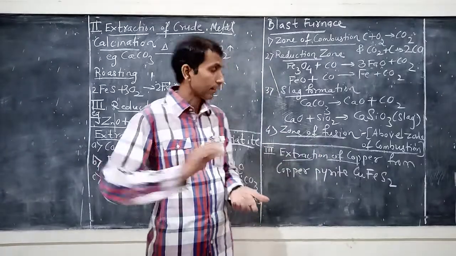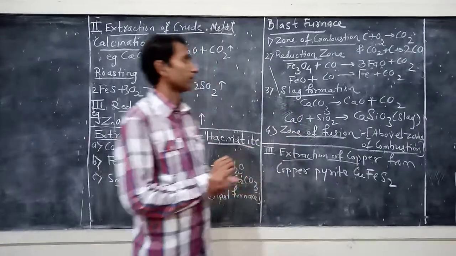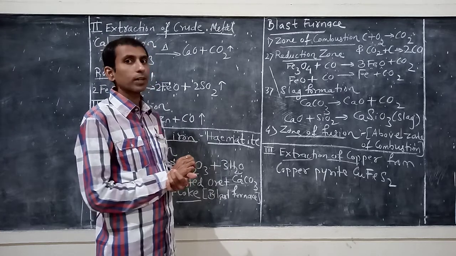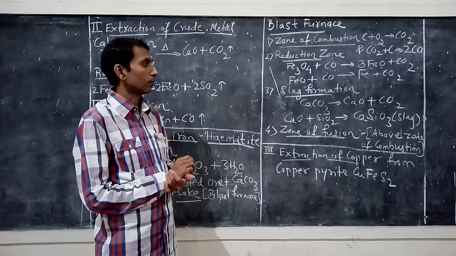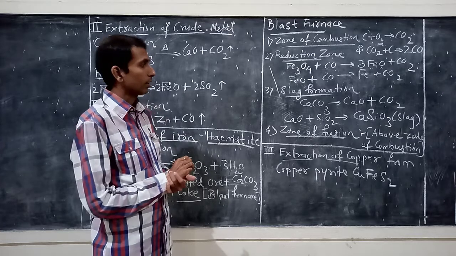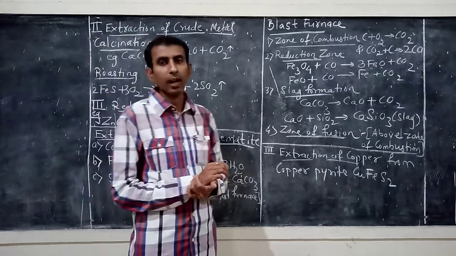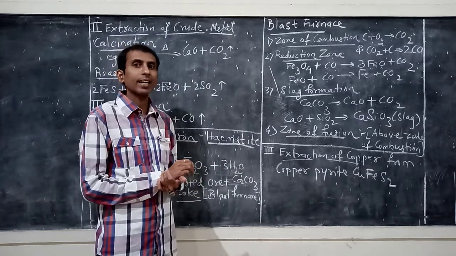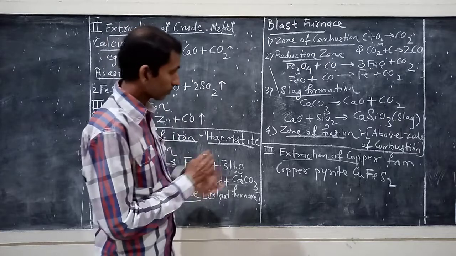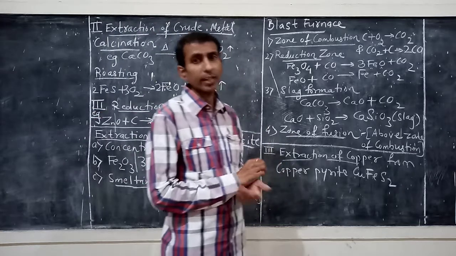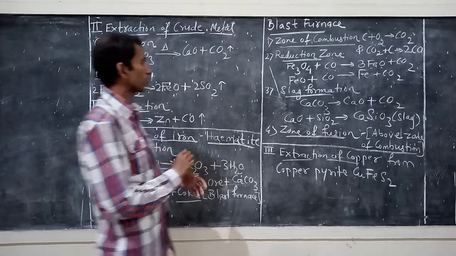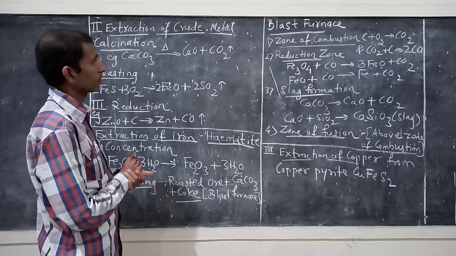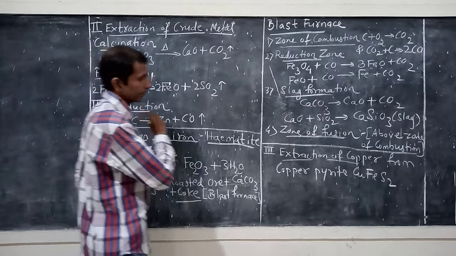Molten iron can be separated and cooled in the zone of fusion. But the iron obtained in this last step also contains impurities. That's why it is also called pig iron, which can be further refined up to 99% purity by various refining methods. So dear students, this was the extraction of iron from its ore hematite.